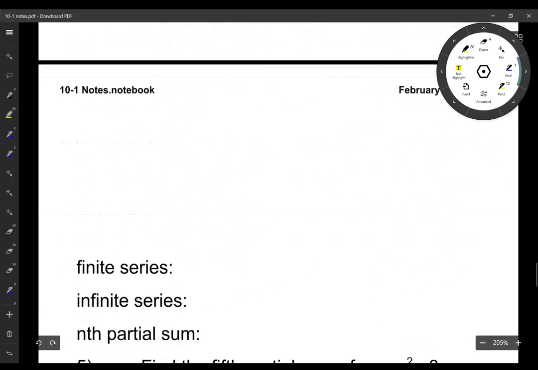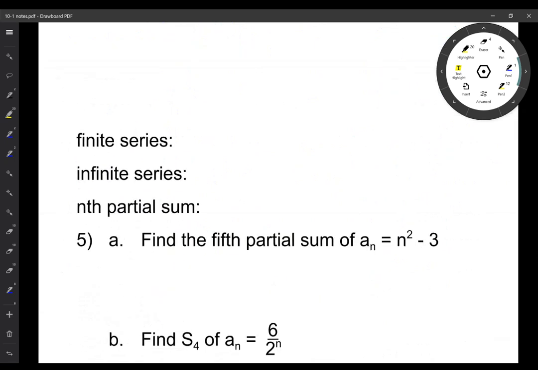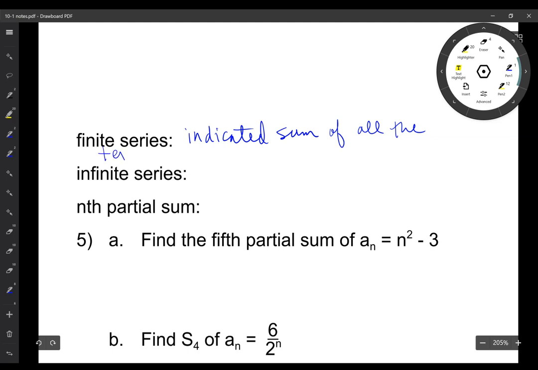All right, so on to the next thing. So now we're looking at series instead. A series is when you take your sequence and you add them all up instead. So this is the indicated sum of all the terms of a sequence. An infinite series, oh, I forgot the word series in here.